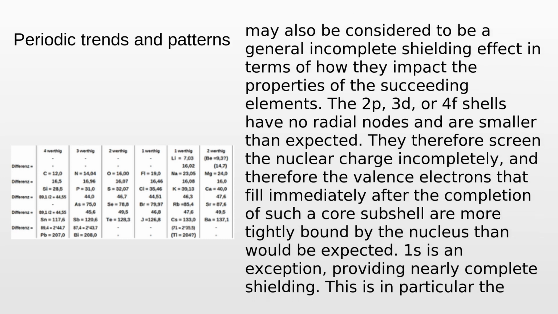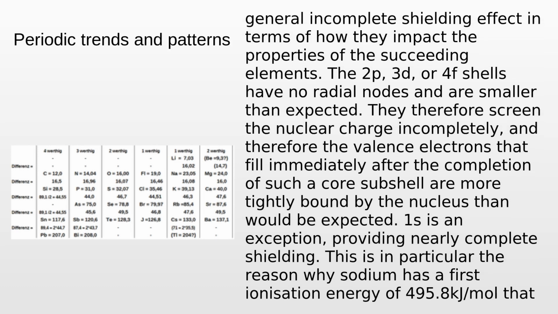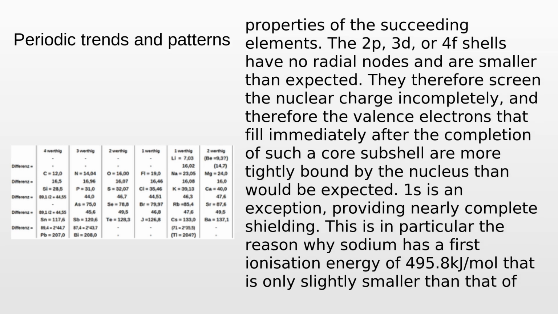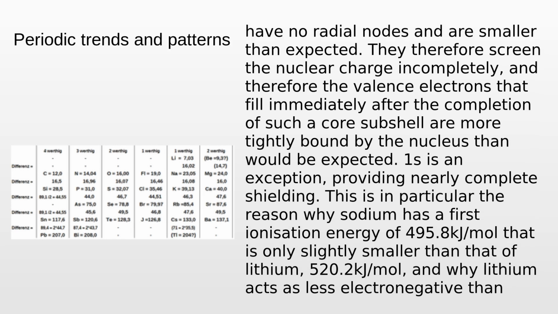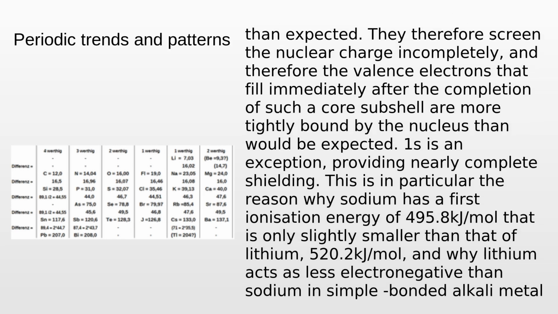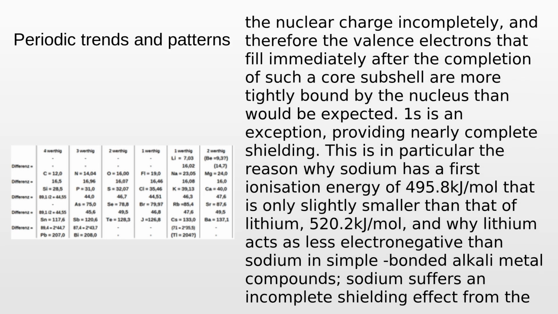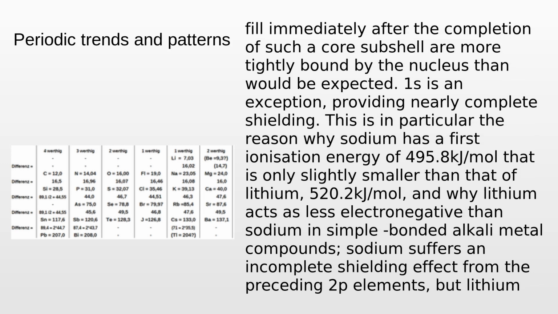The 2p, 3d, or 4f shells have no radial nodes and are smaller than expected. They therefore screen the nuclear charge incompletely, and therefore the valence electrons that fill immediately after the completion of such a core subshell are more tightly bound by the nucleus than would be expected. 1s is an exception, providing nearly complete shielding.